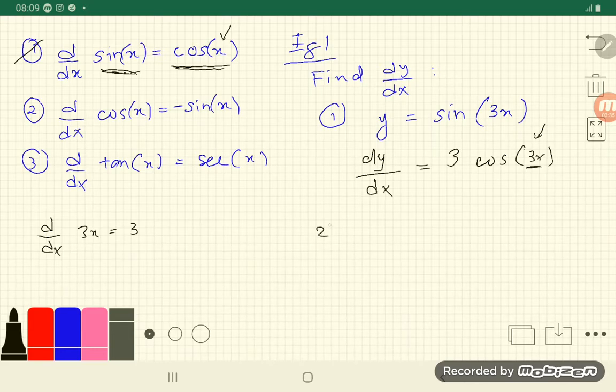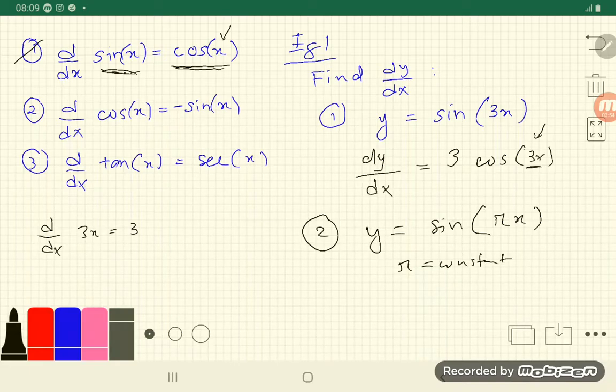Same goes if we try to differentiate, for example, y equals sine pi x. Since the value of pi here is a constant, we are going to treat it with the same properties as the number 3, to get your dy dx.